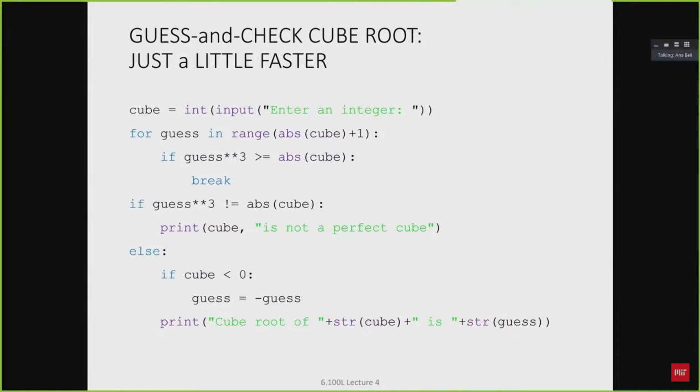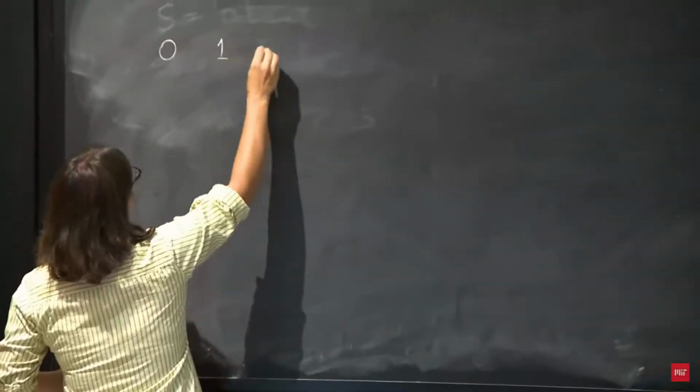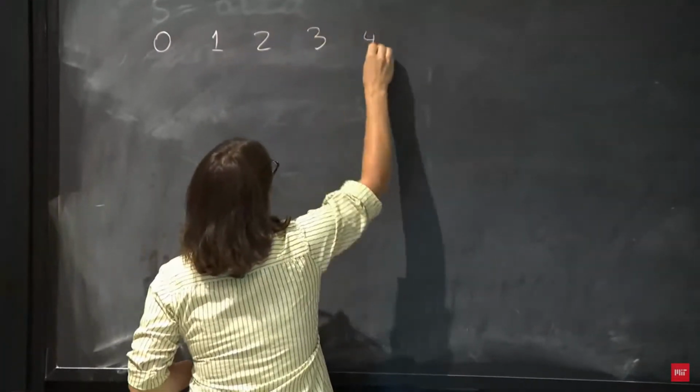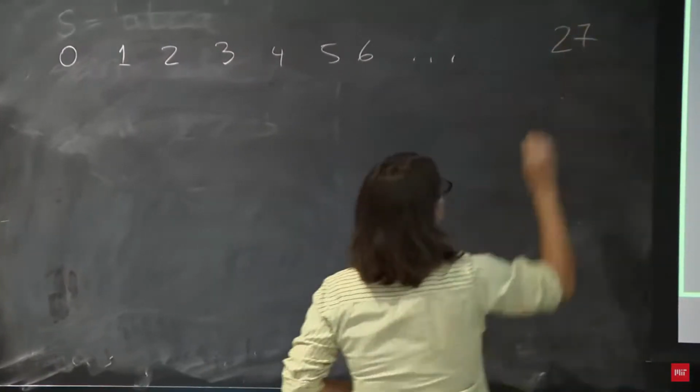Okay, so we can actually make this code a little bit faster because, for example, when we're checking the cube root of 27, the numbers we're checking are 0, 1, 2, 3, 4, 5, 6 in our for loop all the way up to 27, right?